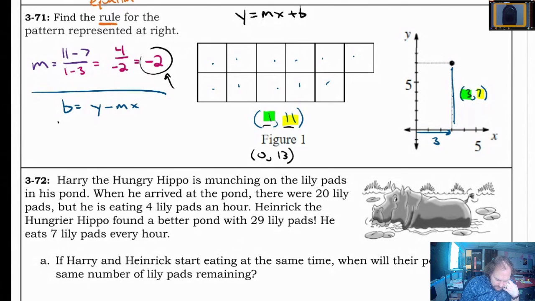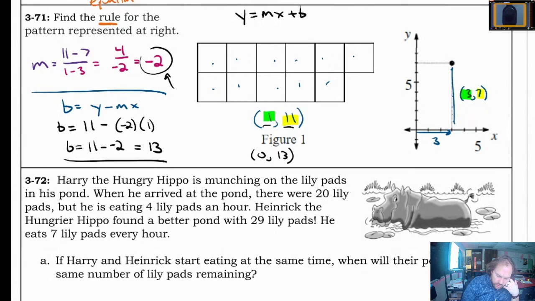For y, I'm going to choose 11. For the slope, I know that's negative 2. And the x is 1. So this ends up being 11 minus negative 2, which is 13. So the equation would be y equals negative 2x plus 13. There you go.